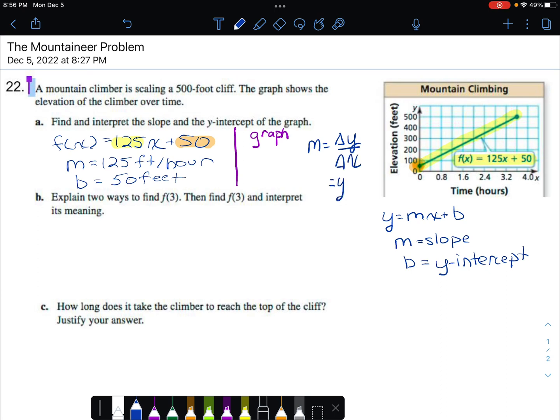That's the same thing as saying y2 minus y1 over x2 minus x1. So if I picked 2 points, those 2 points would be x1, y1, x2, y2. Let's pick 2 points. And it's kind of hard because I want to make sure they're integers so that the math isn't that complex.